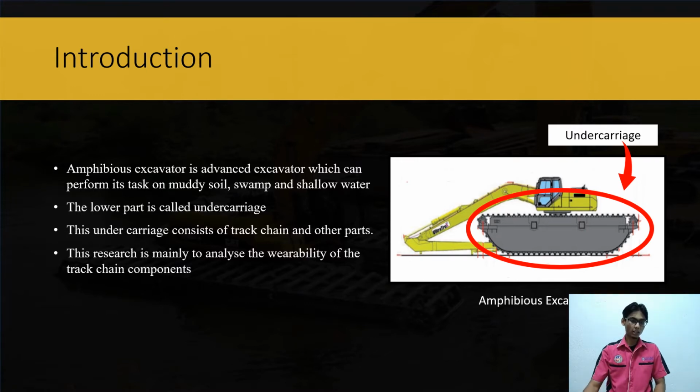The lower part, which you can see in the circle on the figure, is called the undercarriage. This undercarriage consists of the track chain and other parts. So this research is mainly to analyze the reliability and the durability of the track chain components, since this amphibious excavator is widely used in extreme conditions at construction sites.